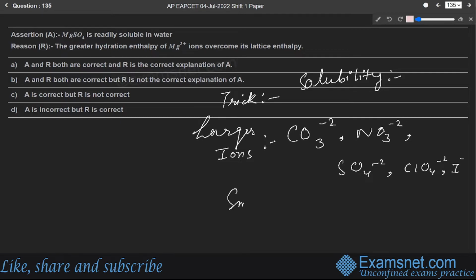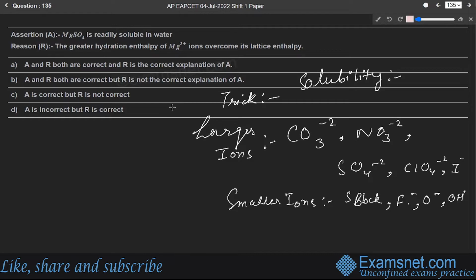And smaller ions you can always learn: smaller ions are S block, fluorine, oxygen, and OH. These are always smaller ions.